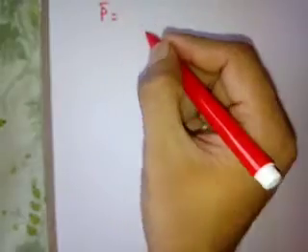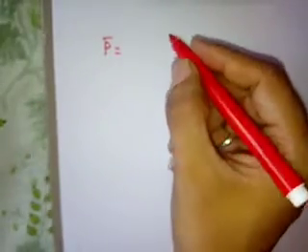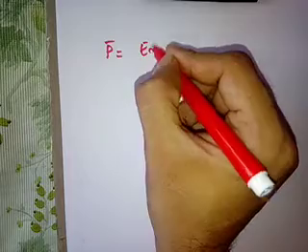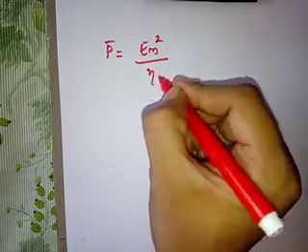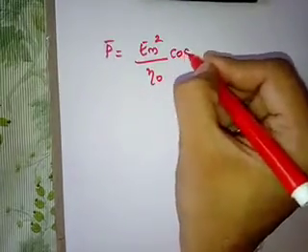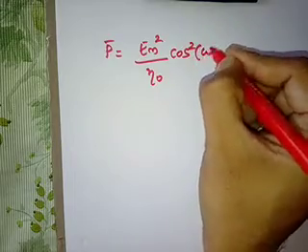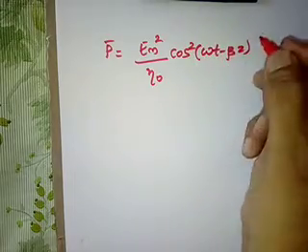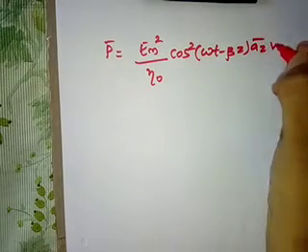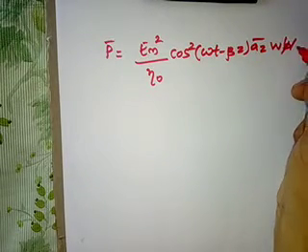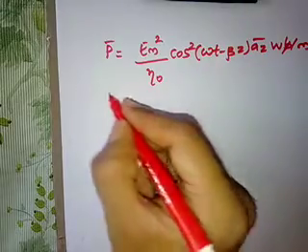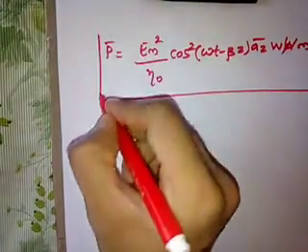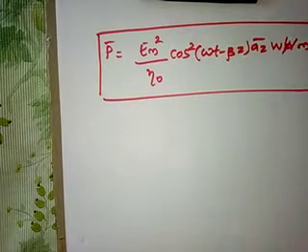So P bar is equal to Em square upon eta naught into cos square of omega t minus beta z Az bar watt per meter square. So this is the equation for the Poynting vector P bar, according to the Poynting theorem.